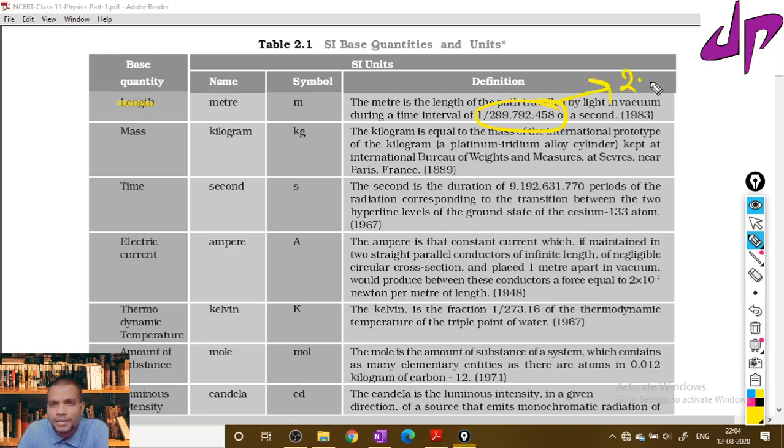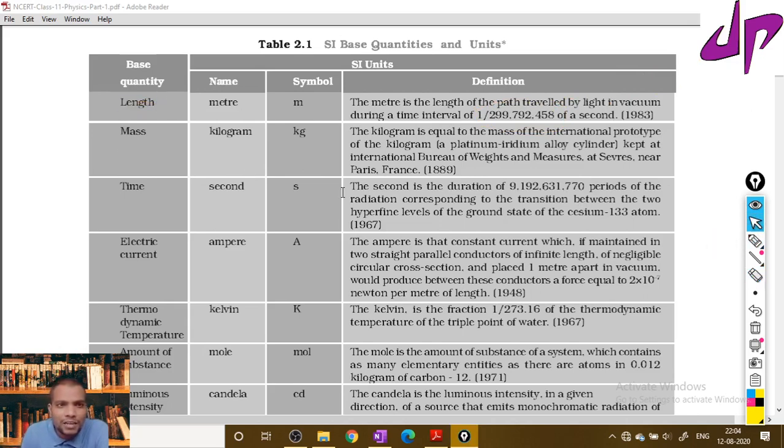If you write that in terms of that, 2.9 into 10 power 8 meter per second. So that gives us a definition of length. Crazy definition, but try to get its meaning.